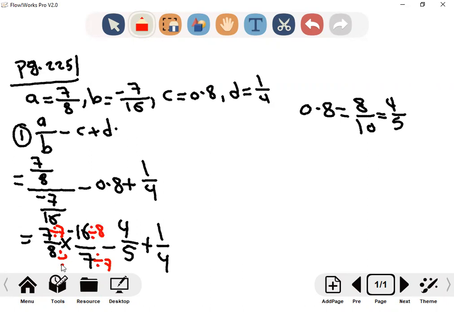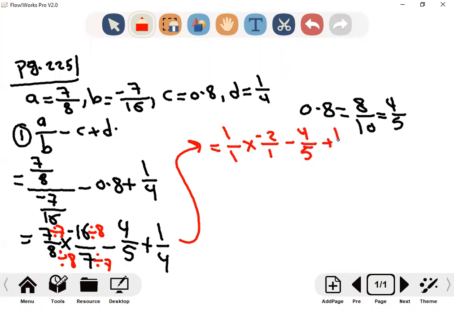Here it will be 1, 7 divided by 7. 1 over 1 multiply negative 2 over 1, minus 4 over 5 plus 1 over 4.